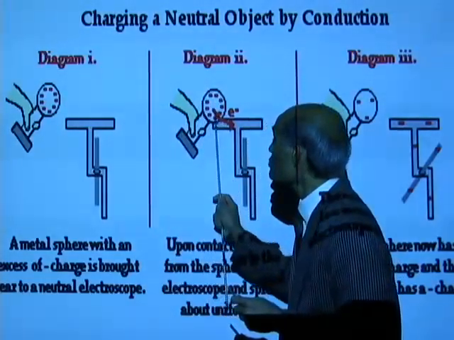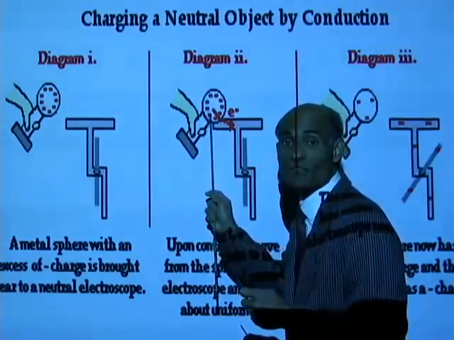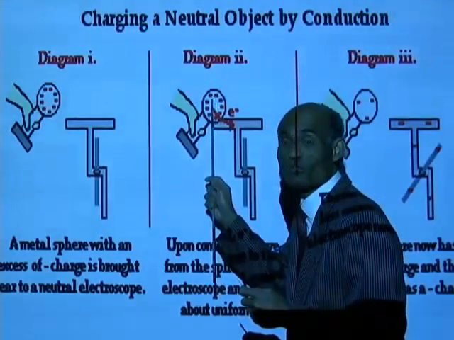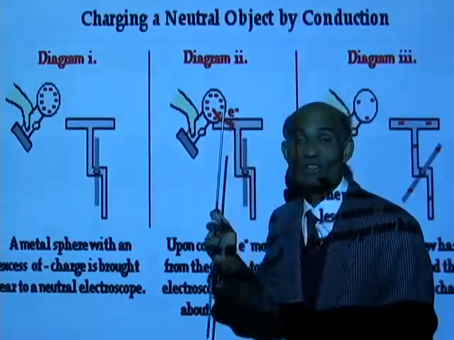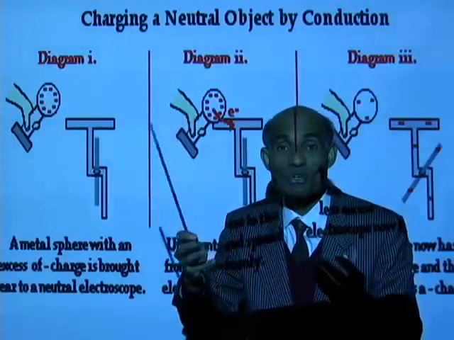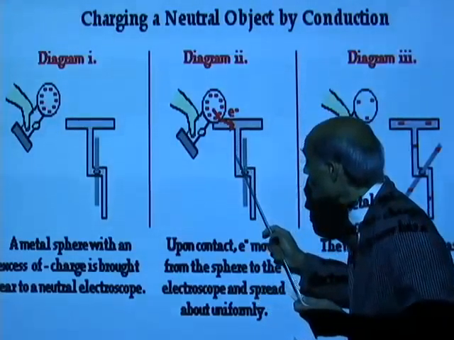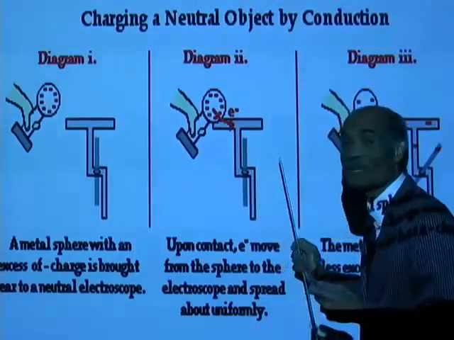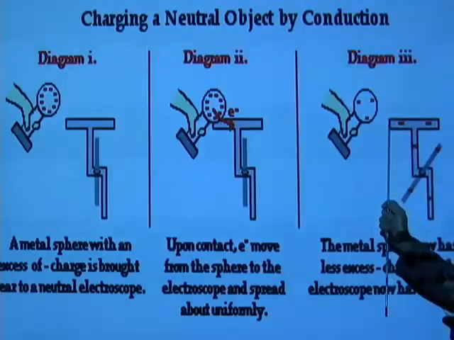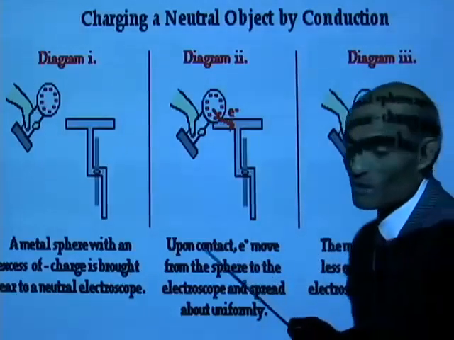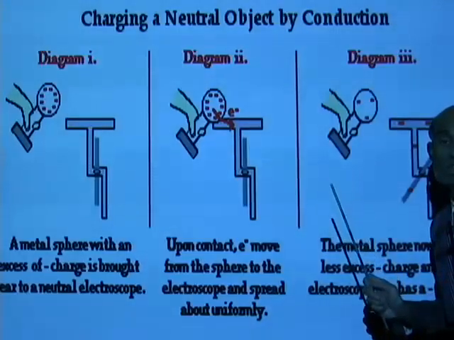Now, when you touch it to the platform of the electroscope, what happens? Some excess charges will move from the charged object to the electroscope because the platform of the electroscope is a good conductor. And those excess charges then will move through the stem and to the leaves, and you can see the leaves will diverge. If you now move the charged object away, the electroscope will retain some excess charges.